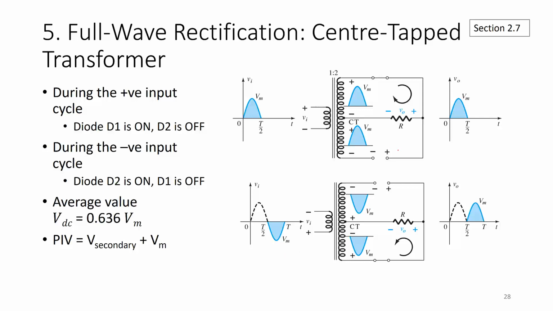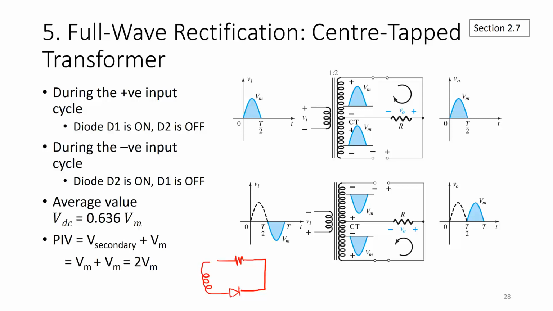Now if I consider the peak inverse voltage, let's consider the bottom part here. This is D2, right? And then we have our coil here.